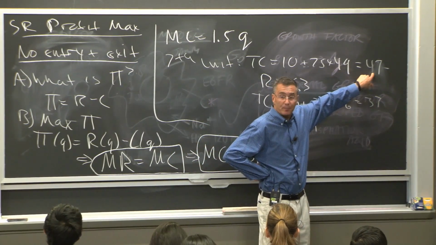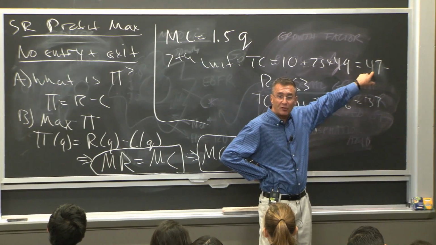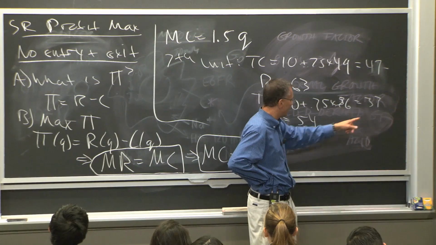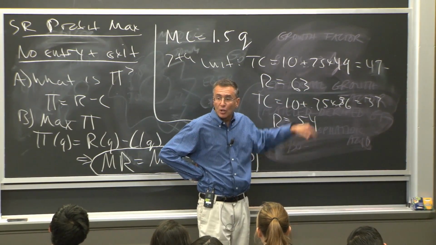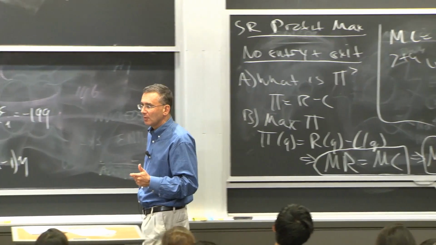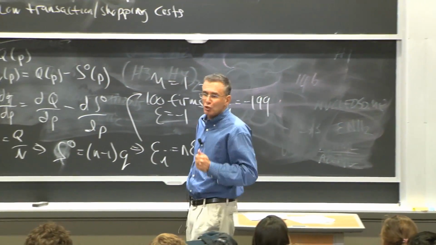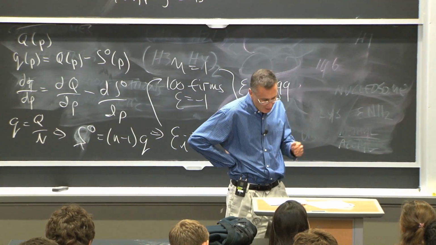So if you sell 7 units, the total profits you've made are 16. If you sell 6 units, the total profits you've made are 17, roughly. So your profits have actually shrunk producing the 7th unit. Producing the 7th unit has lowered your profits. Okay?